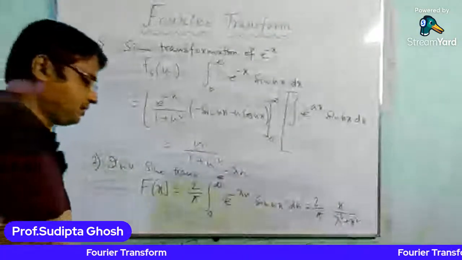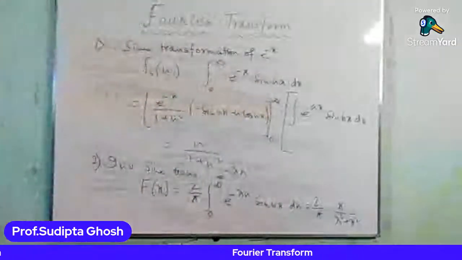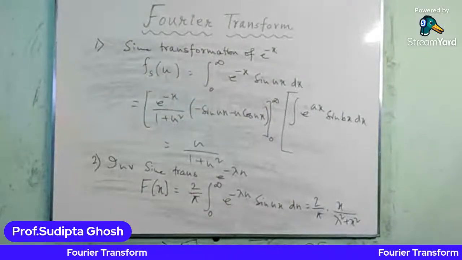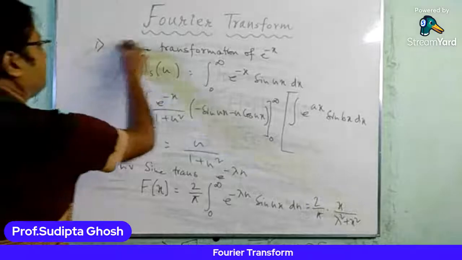So now let's move on to example number 3, and in example number 3 we are going to use the finite Fourier sine transformation.